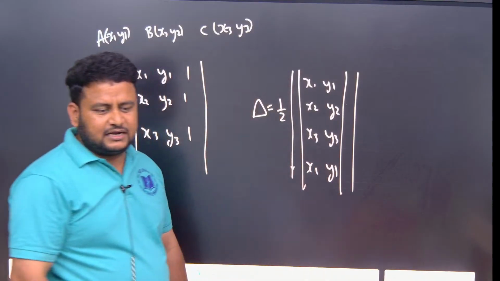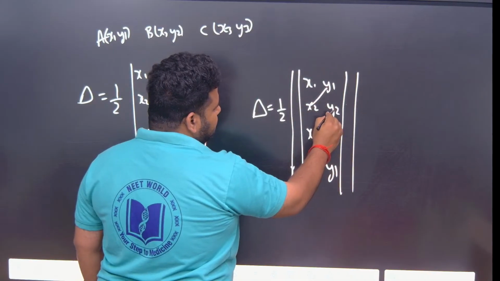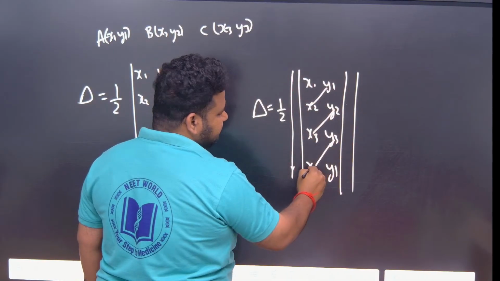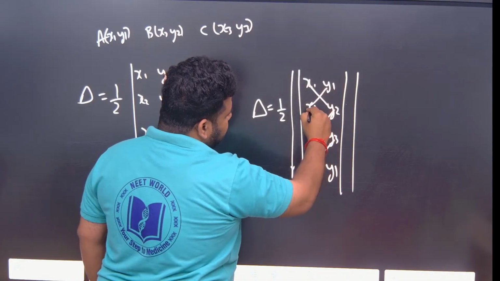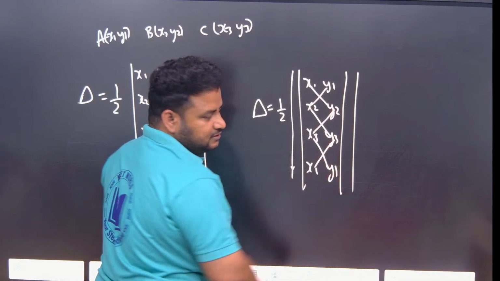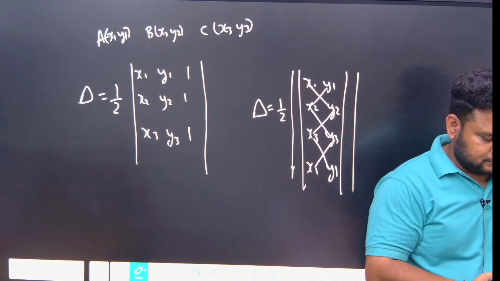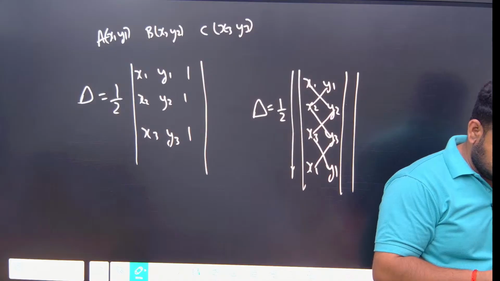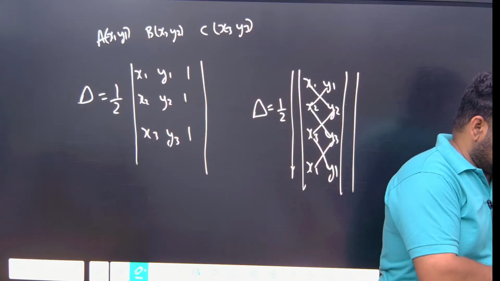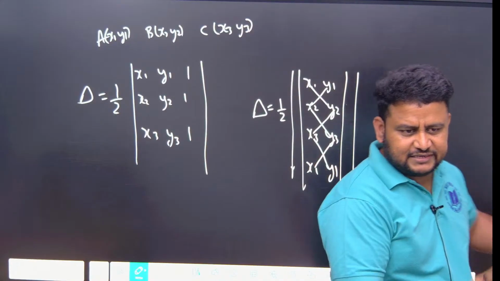What you will do is take diagonal products like this: y1 x2 plus y2 x3 plus y3 x1, minus x1 y2, x2 y3, x3 y1, that's all. Got it everyone? This is the ladder formula. Understood? Very easily you can get the answer.